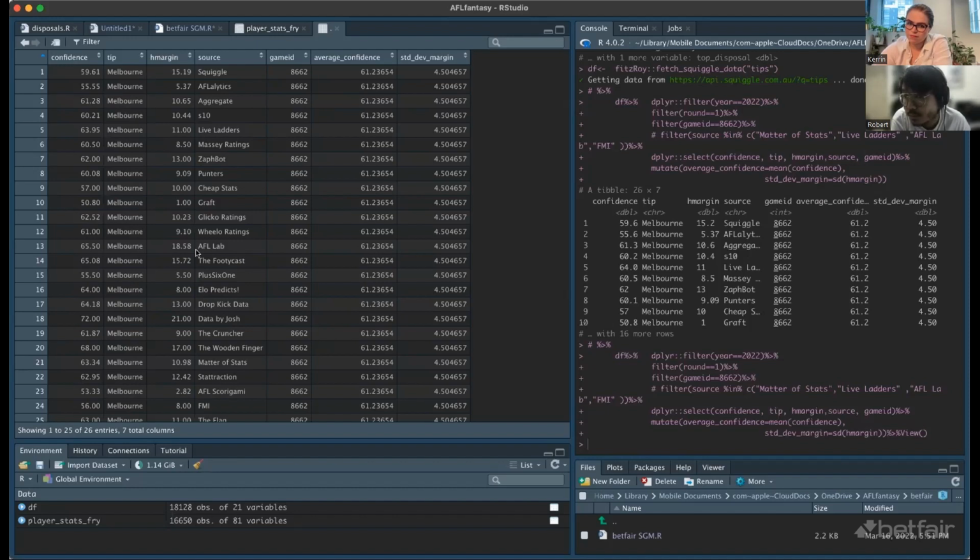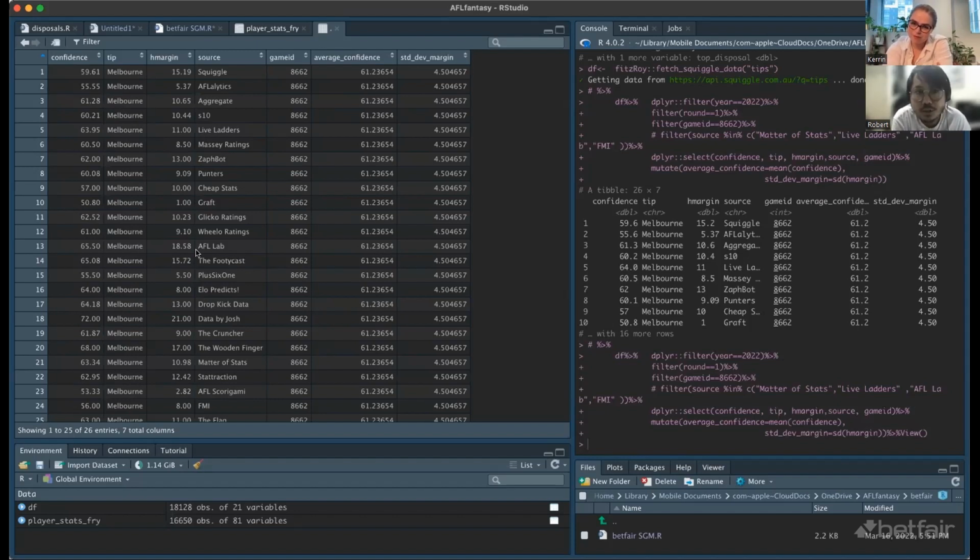For example, people like to talk about an ensemble of models. You could take all the models for the past few years and see if an ensemble of these models did better than any one individual model. Kind of like an ETF of AFL models. You can do a whole heap of things with the Squiggle data.